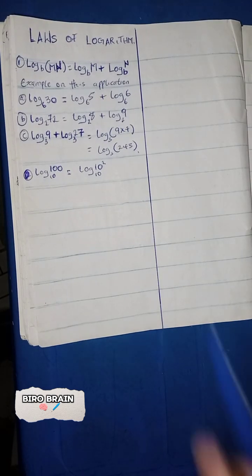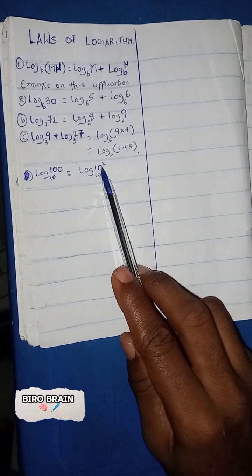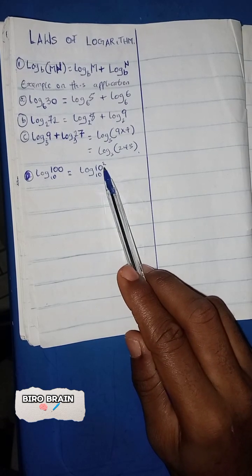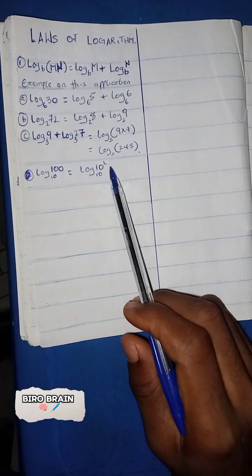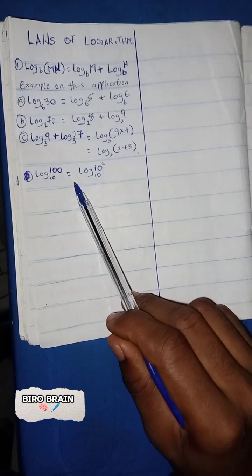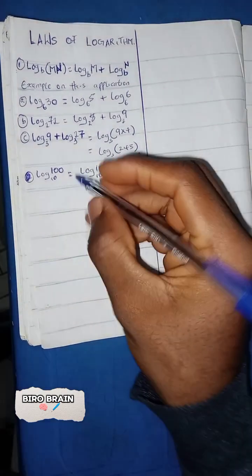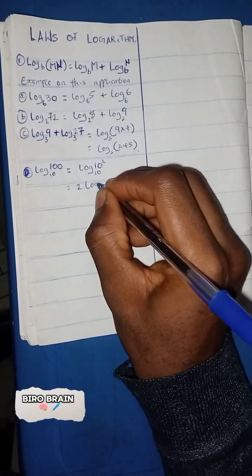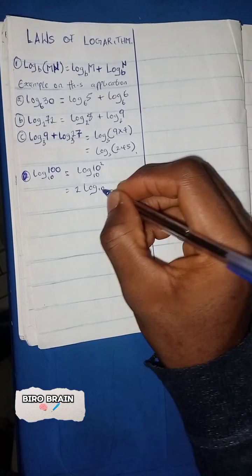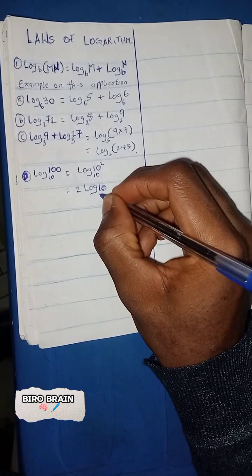And note in logarithm, when you're having a power, that power will go to the front. Then we'll be having 2 log 10 to the base 10.